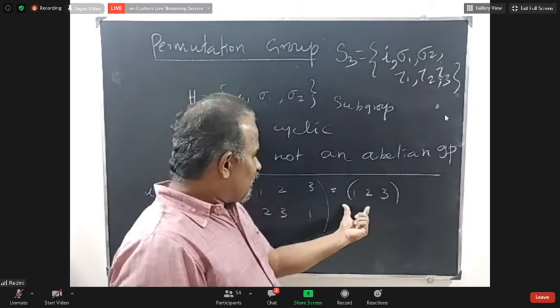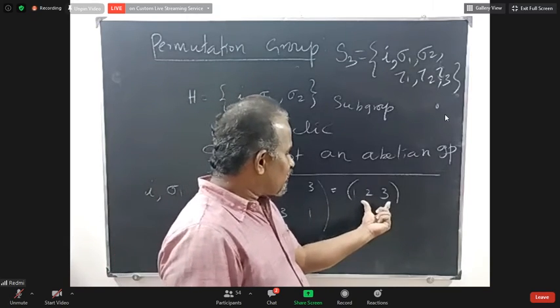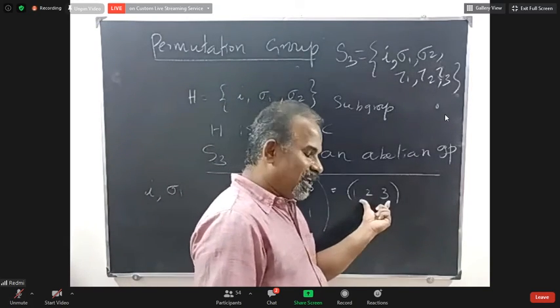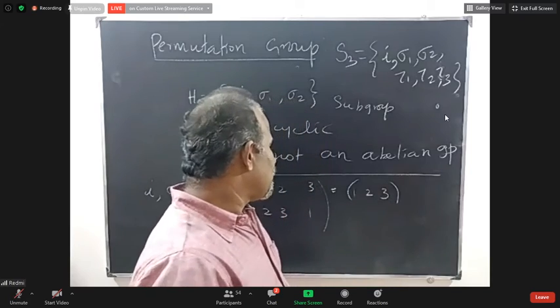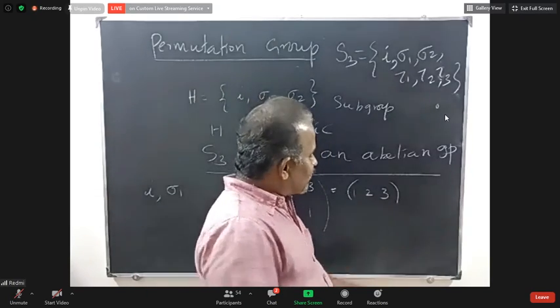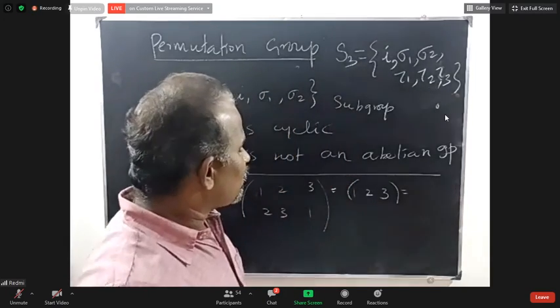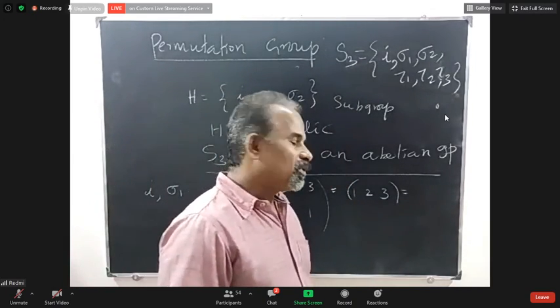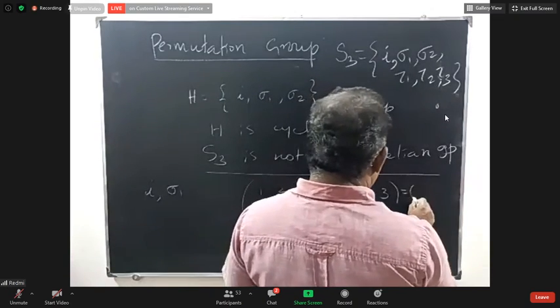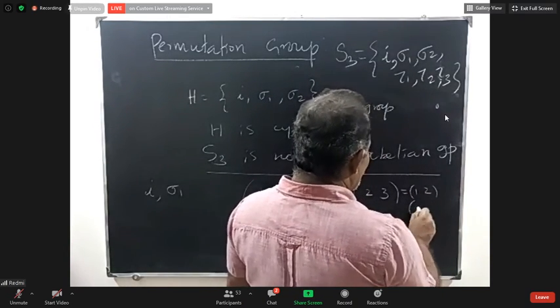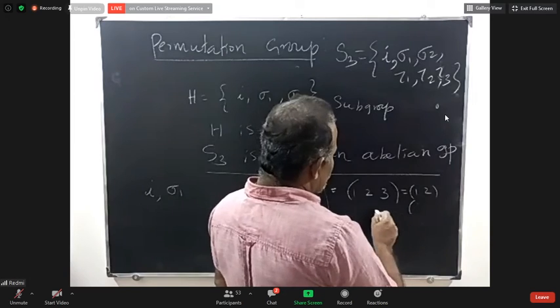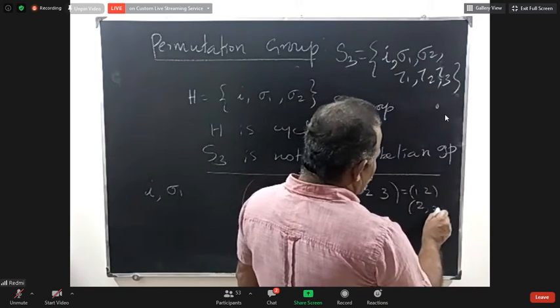This permutation can be expressed as a product of cycles of order 2 or 3. Here, it is a cycle of order 3. This cycle of order 3 can also be expressed as a product of cycles of order 2, that is (1 2) and (2 3).